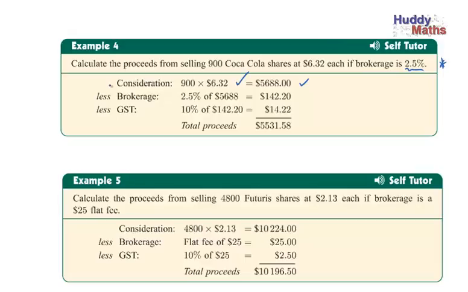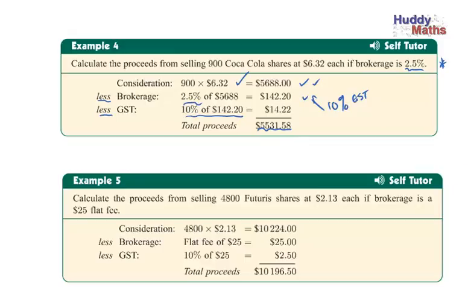But now you've got to take off less brokerage, which is 2.5% of this figure here. So there it is. And then you've also got to take off 10% government charges, GST, calculated just on this line here, goods and services, 10% GST. So overall, you're not going to get your consideration. You're going to have to take those two charges out of the total. So setting out is important so that you are describing what's going on there.